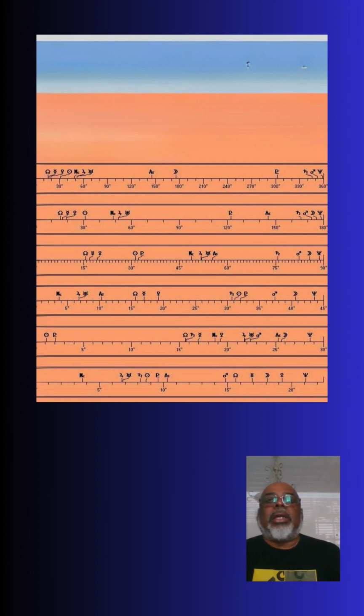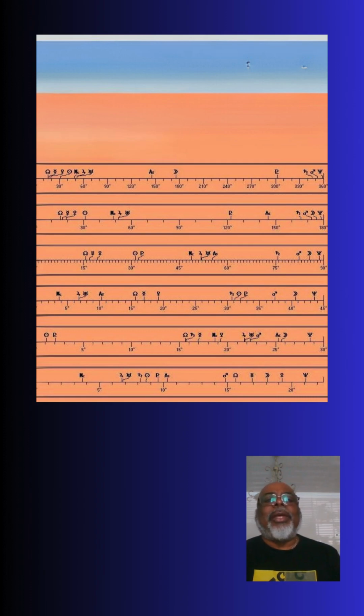So it's conjunction, sextile, trine, square, and opposition. I'll go over it again, this time in order, hopefully. 0 degrees conjunction. The next one is 60 degrees sextile, 90 degrees square. Next one will be opposition. Did I get that right? No, I think I got that one wrong.